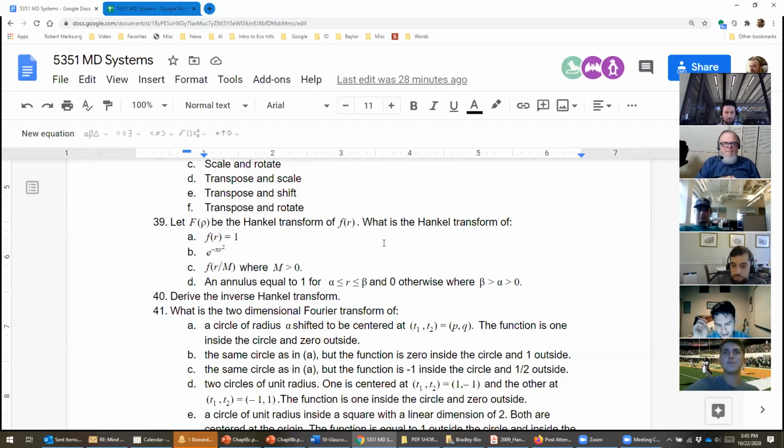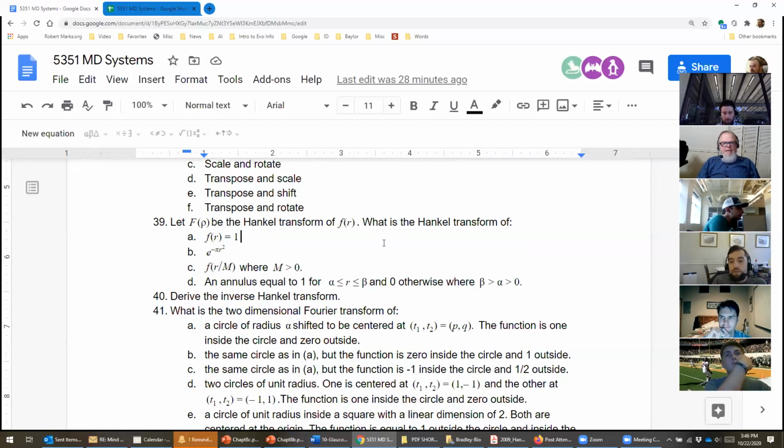E to the minus pi rho squared. Yeah, remember we said in class that this was the only place where you don't have to use a Hankel transform because r squared is equal to x squared plus y squared, right? And if you substitute x squared plus y squared in B, you get a separable function. Apply the separability theorem. Slap them back together.